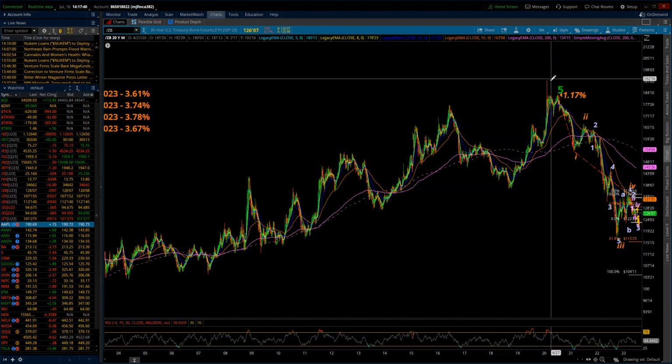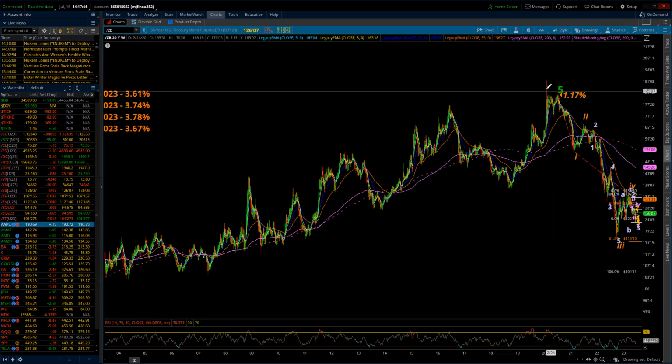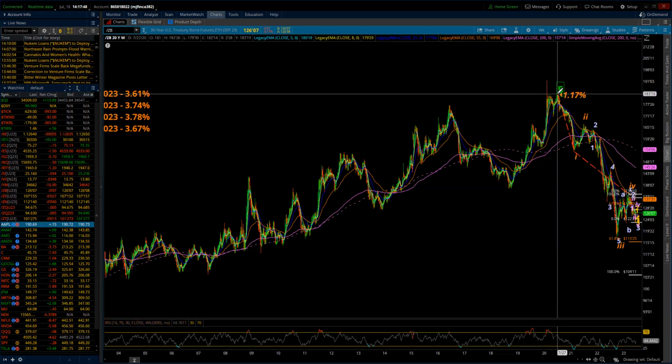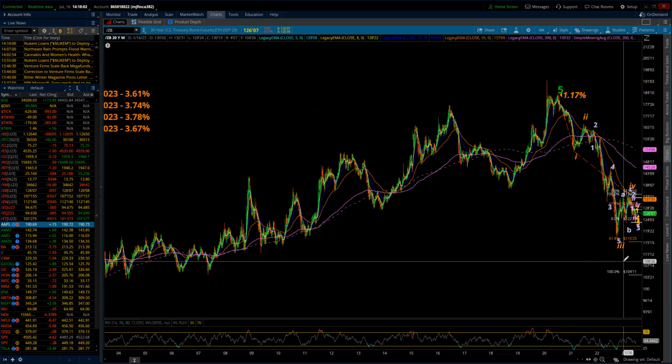On a fib basis, I would run things from here, but because it was such a strange anomaly and it came in so much lower, I continue to use, even for my fibs, the high that we saw in July. So based on that, we're working on our first 5 waves down off of that high.